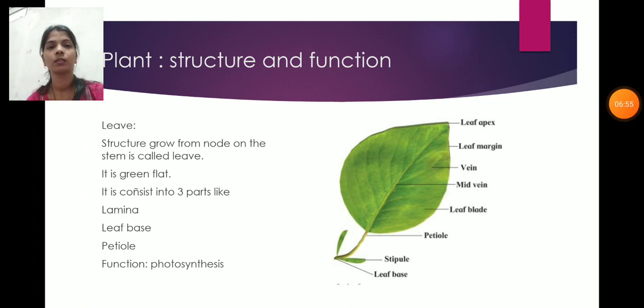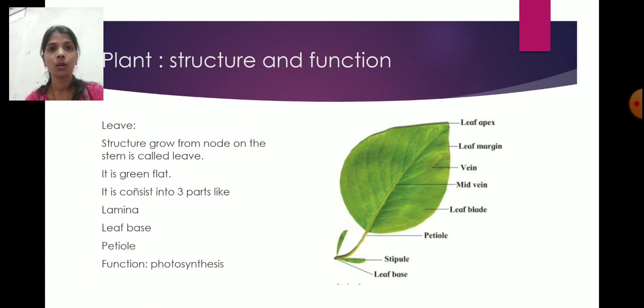The most important function of the leaf in the plant is synthesizing food, by the process of photosynthesis. This process of photosynthesis occurs inside the chloroplast, which is present inside the leaves.